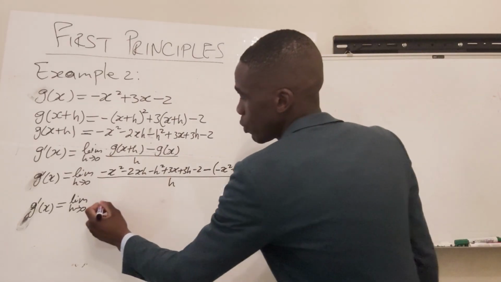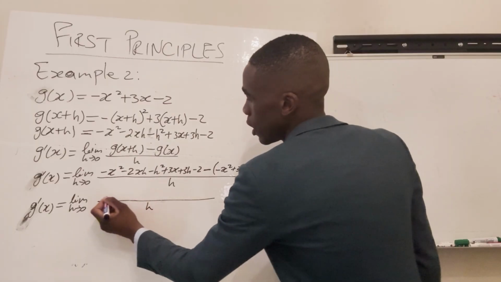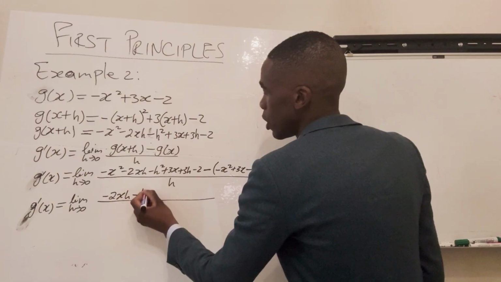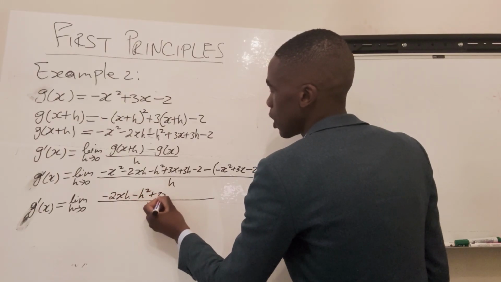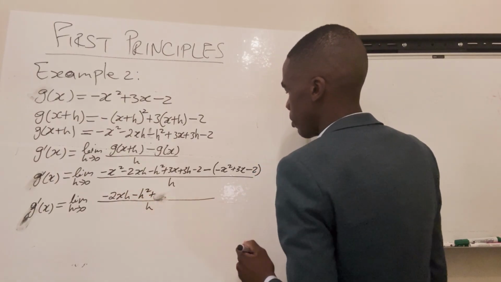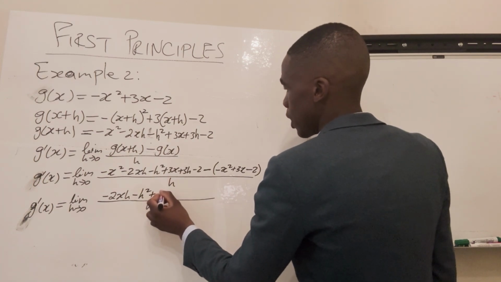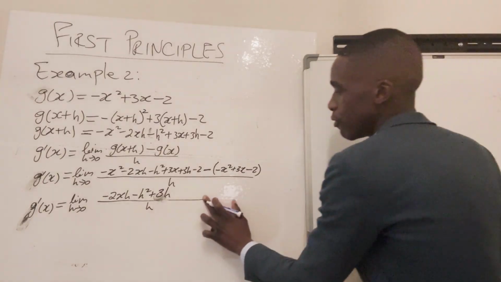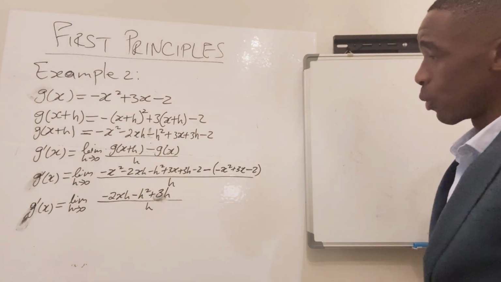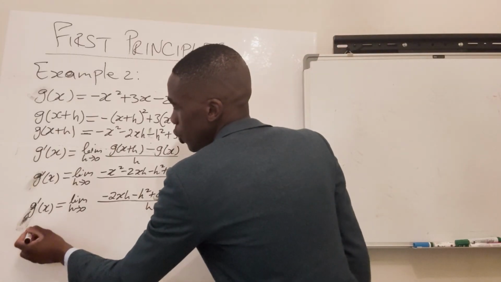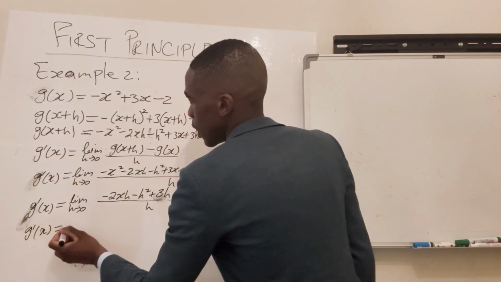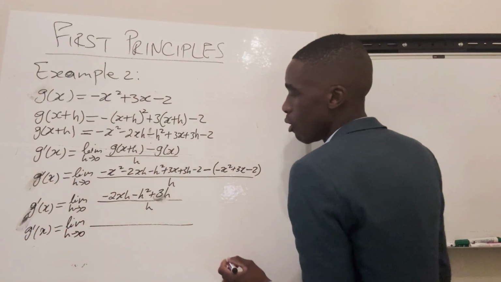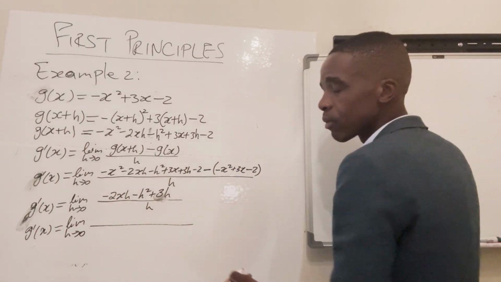So what I'm going to be left with, ladies and gentlemen, is minus 2xh minus h squared plus 3h. That's what you are having now. And when we are having that, we are able to say the g prime of x as the limit as h approaches 0 of, we are going to take out the common factor.